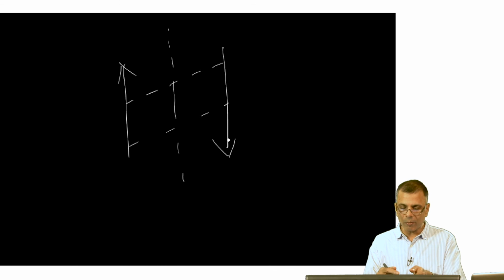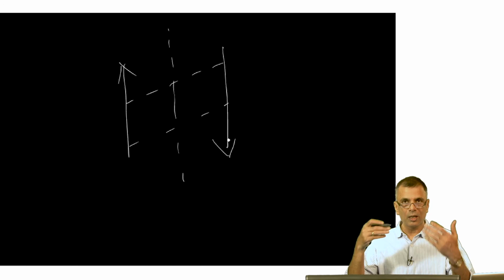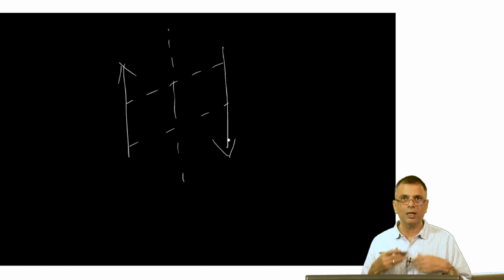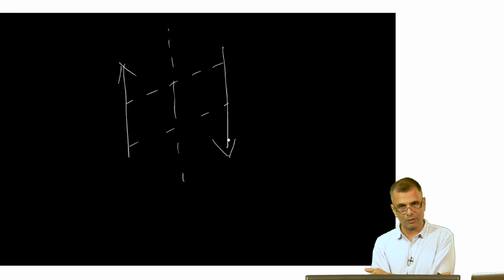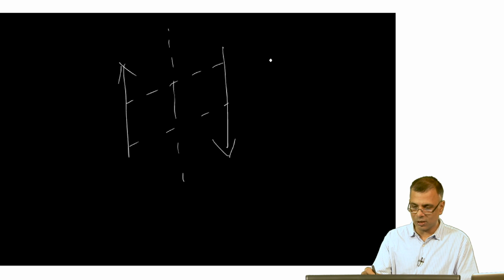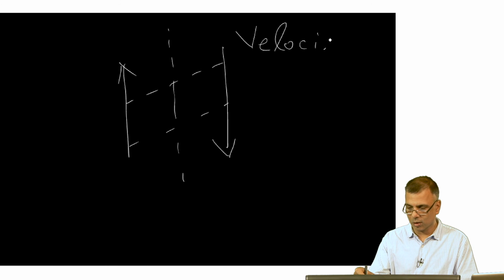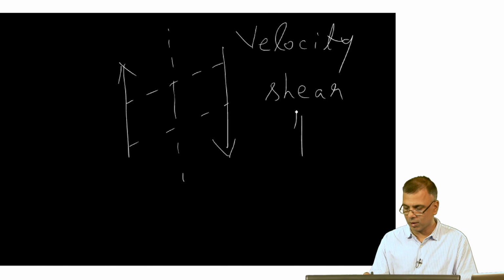And these little rubber bands are essentially a way of thinking about viscous forces. Okay, so this is one thing. The presence of velocity shear is intimately linked with viscosity.